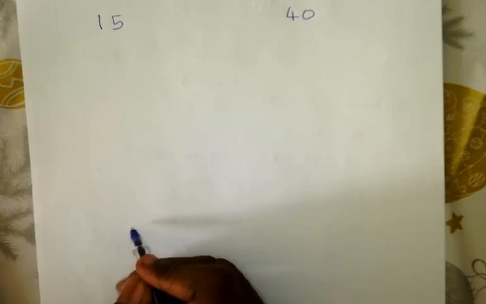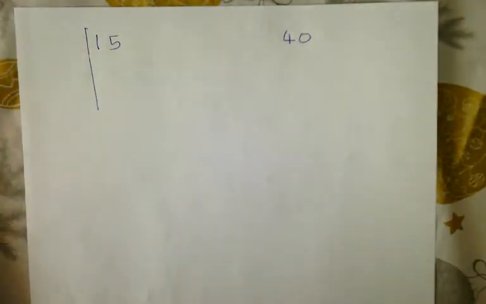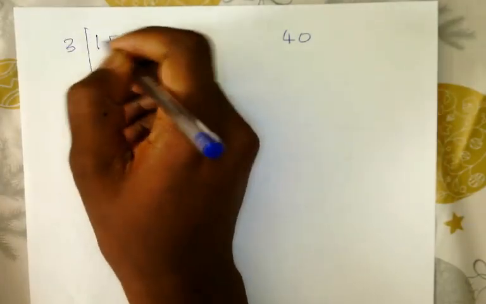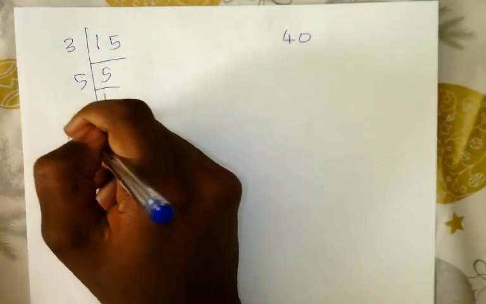Okay, so this one, what is the prime number that goes into 15 without a remainder? It is 3. 3 goes into 15 5 times, 5 goes into 5 once. So the prime factors for 15 is 3 multiplied by 5.